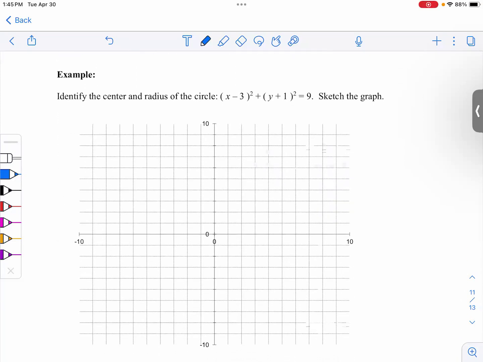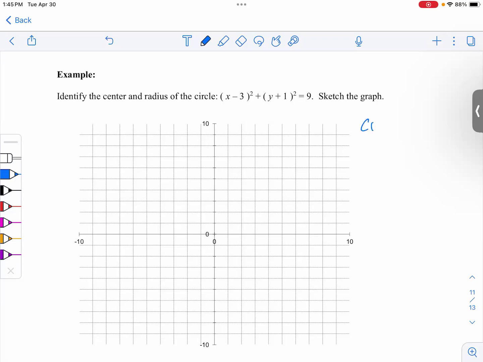So with our circle, I have this in the form, and I can sketch the graph of my circle, identifying again the center and the radius. Now I could turn this into the form of an ellipse, but the circle is one that I guarantee you saw briefly at some point. All right.